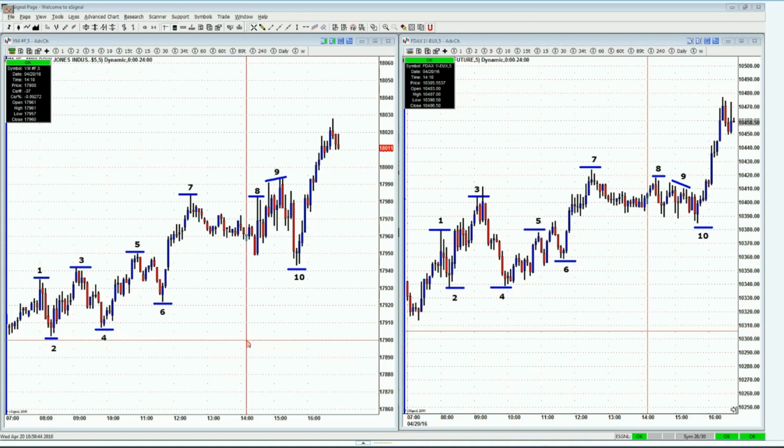There's a divergence technique whereby you compare an index or a stock with its underlying oscillator.